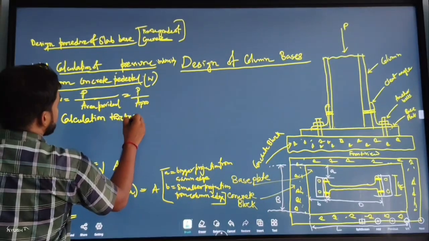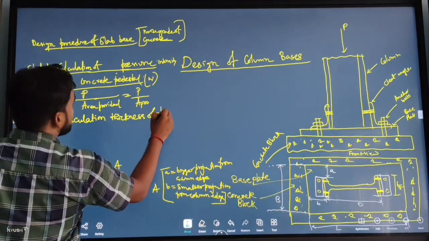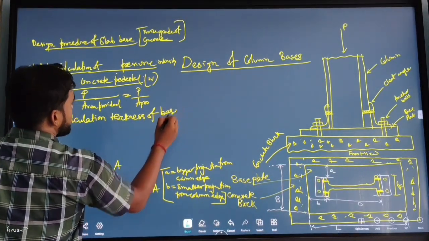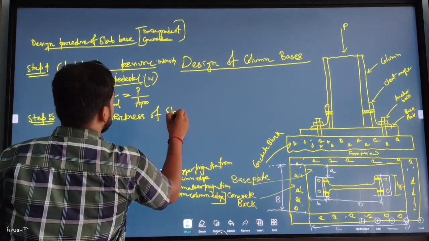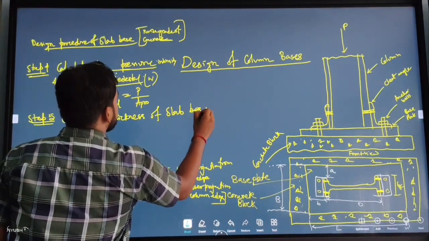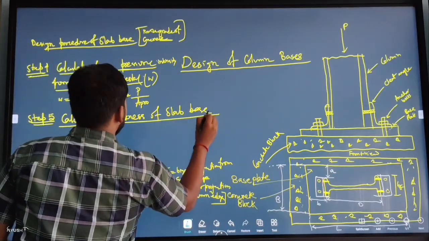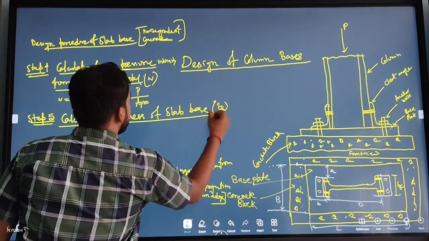Okay, now step 5. Calculation of thickness of base plate or slab base.